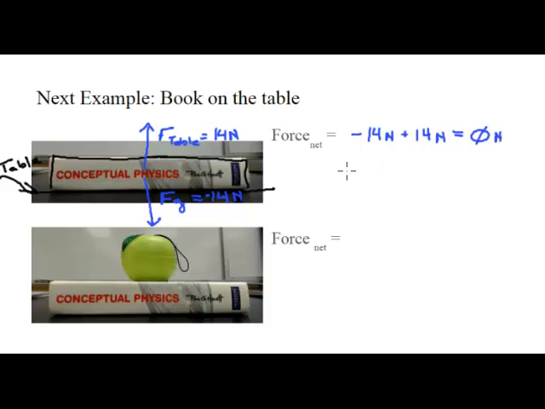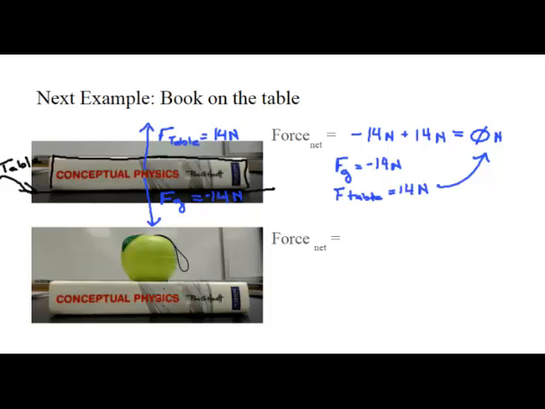In other words, the force due to gravity equals negative 14 newtons. The force of the table is positive 14 newtons, and they result in 0.